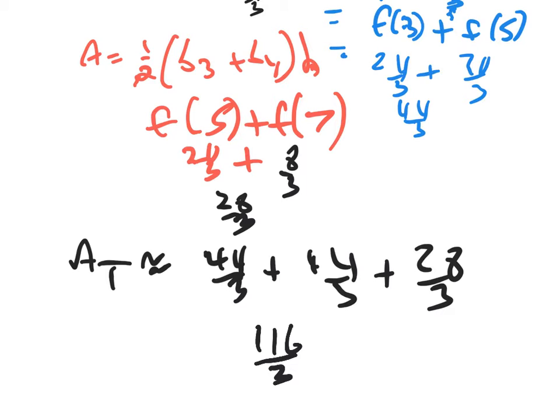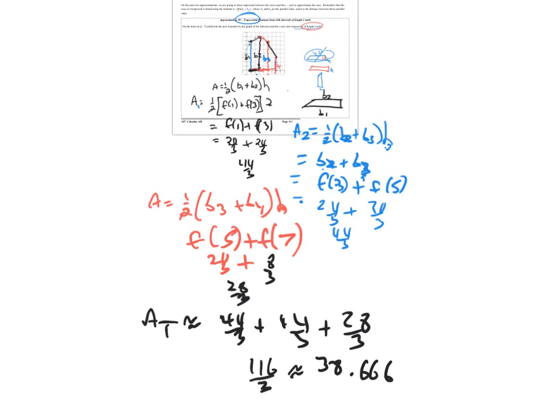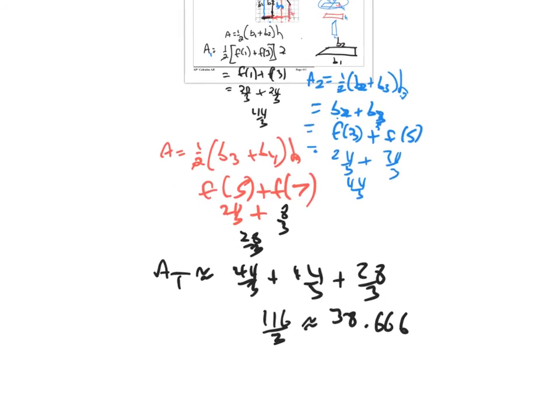What is that approximately? 38.666. That wasn't bad though. Now, let me share with you the secret to the trapezoidal rule.